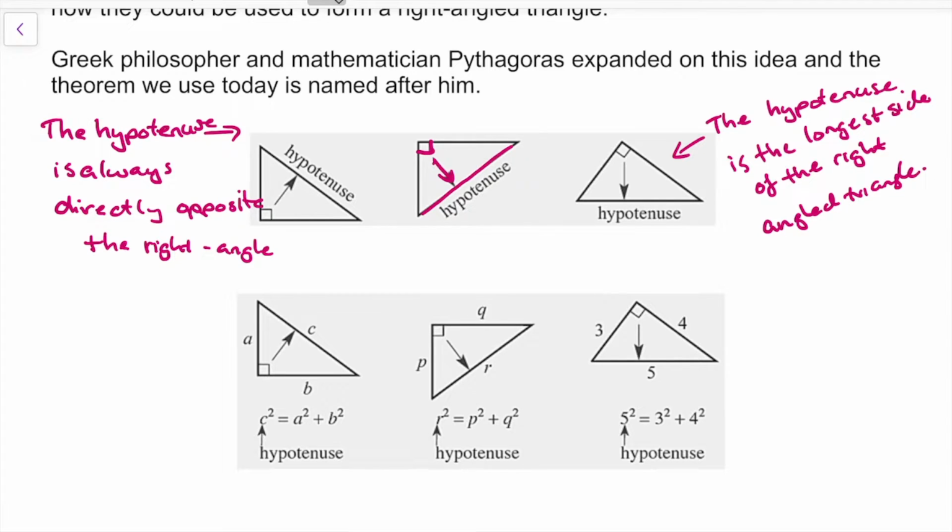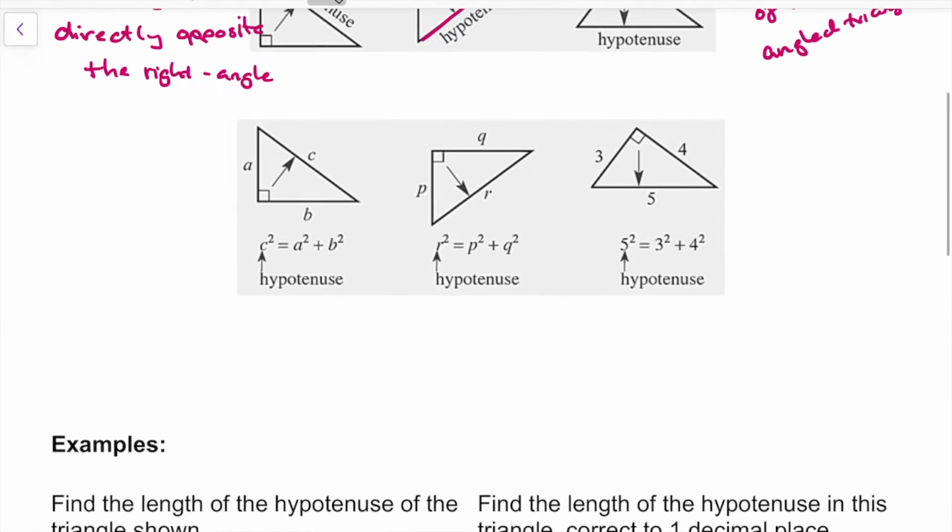Now the theorem itself is this idea: c squared equals a squared plus b squared. It doesn't matter what letters you label your sides with.